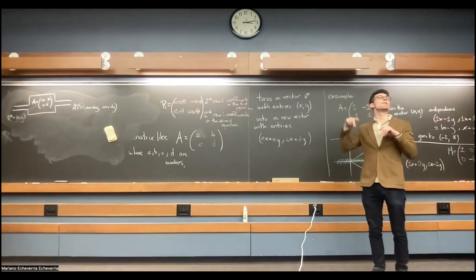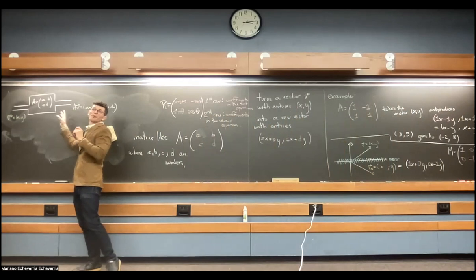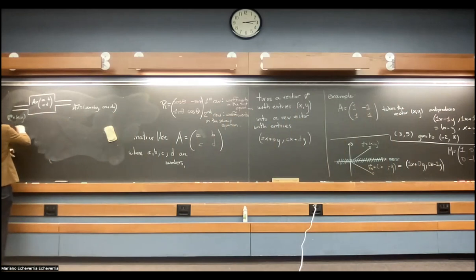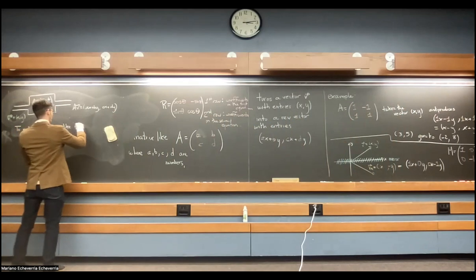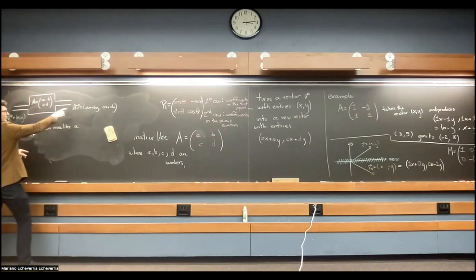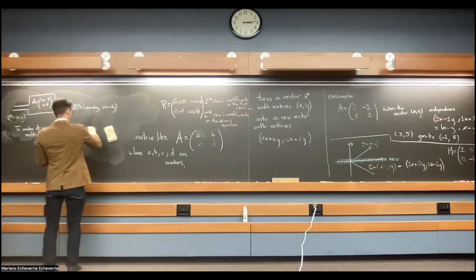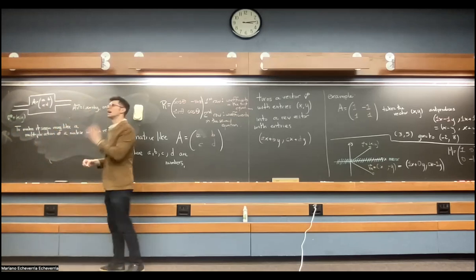But to make it even better, to take seriously the idea that it looks like a multiplication, like what we do to memorize the formula, and to make it seem more like a multiplication of a matrix with a vector, the first thing that you do is rewrite the vector.